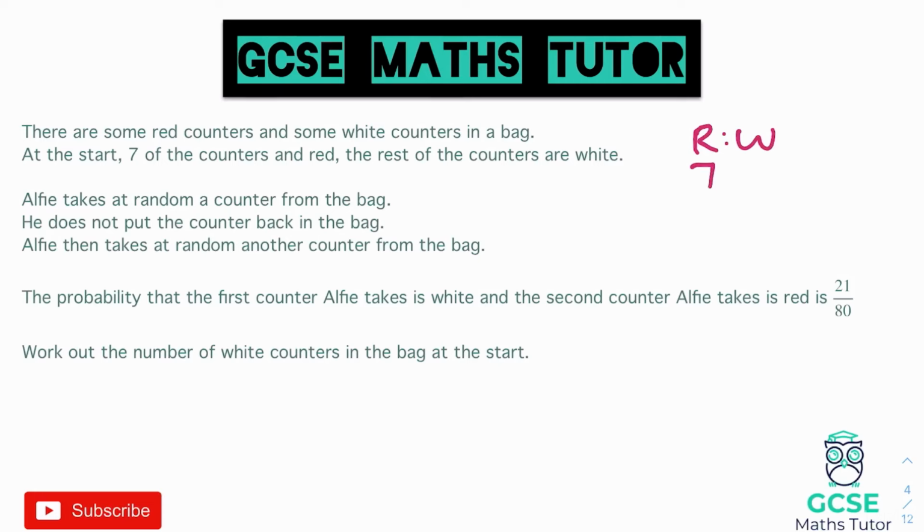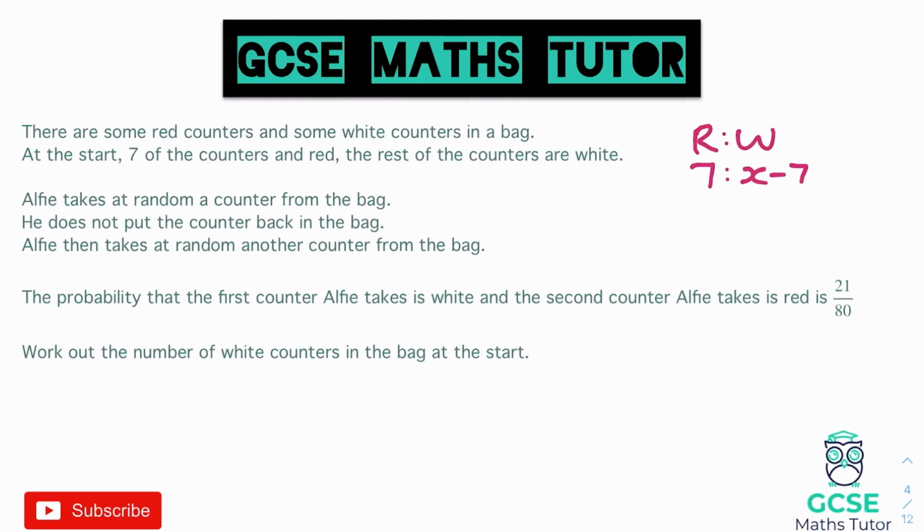So 7 are red. We don't have a number here or a letter to use, so we can pick our own letter. Let's go with the letter X. So in order to get the amount of white counters, X is our total, let's say white would be X minus 7. Or we could actually put white as being X, and then we could have our total in a slightly different way.